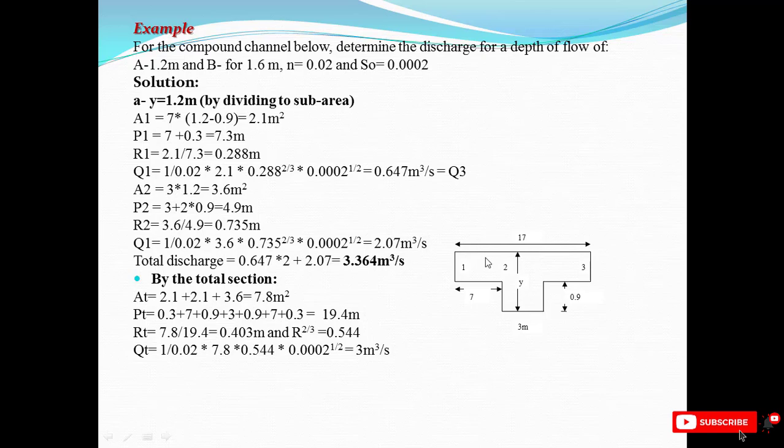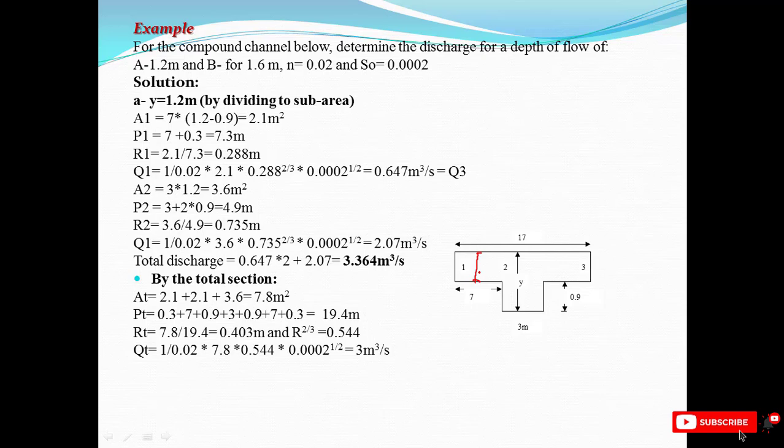We have the mainstream, and on both sides A1 equal to A3. A1 is 7 times 1.2 minus 0.9, I want just this. This is y, totally 1.2. Y is 1.2 minus 0.9, 0.3.